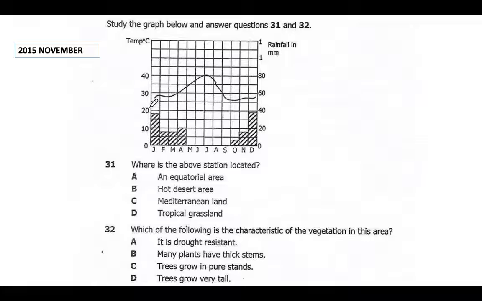It ranges from around 28, 29, going above to nearly 35, 39, and 40. Temperature begins to increase in May, June, July, August, September.